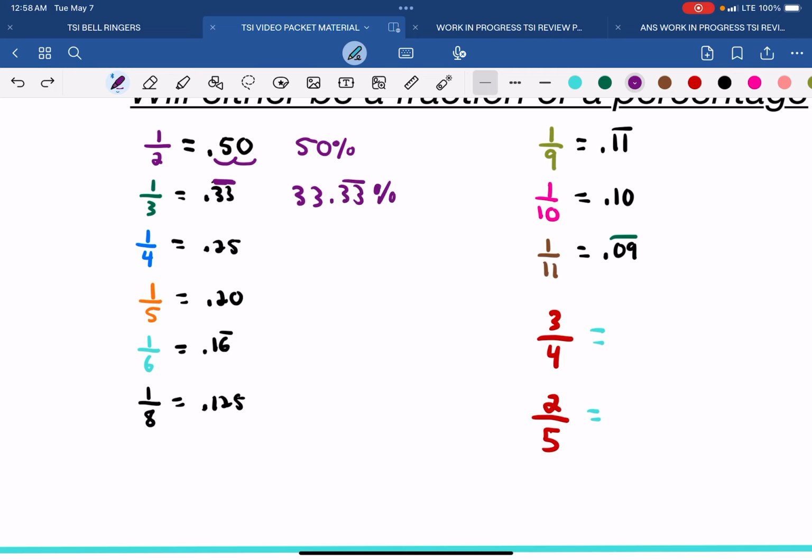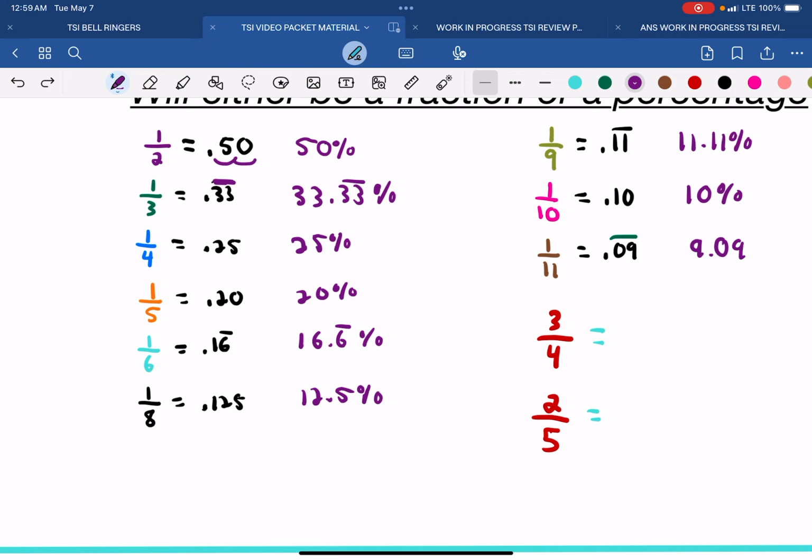I'm going to write that so that we could be aware of that. 1/4, 0.25, 25%. 0.20, 20%. 0.16 with a 6 repetitive, that means it's 16.6 repetitive percent. 0.125 would be 12.5%. 1/9, which is 0.11 repetitive, would be 11.11%. 0.10, very simple one, 10%. 0.09, 9.09%.